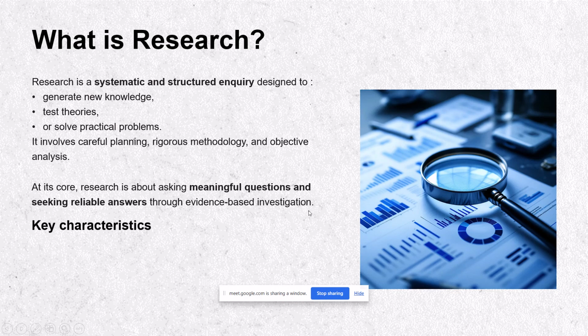So the key characteristics of research: the research should be systematic and organized. Before conducting a research, you first have to know how to plan a research plan. Sometimes it's a research proposal: how you will be conducting your research, what the expected results are, and what methodologies you'll be using.